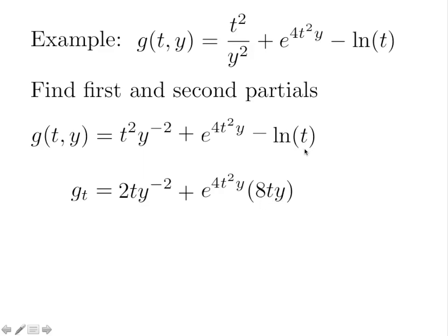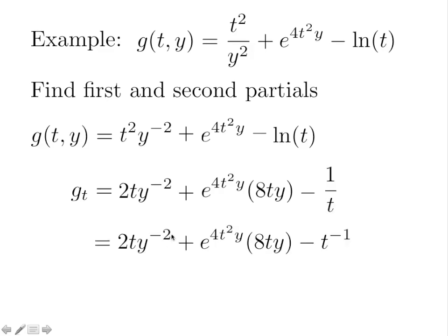And for the last term, the derivative of ln of t is just 1 over t, so that is minus 1 over t. As I mentioned earlier, it is easier to find partial derivatives when you bring the variable in the denominator to the numerator. So that is 2t y to the negative 2 plus e to the 4t squared y times 8ty minus t to the negative 1.